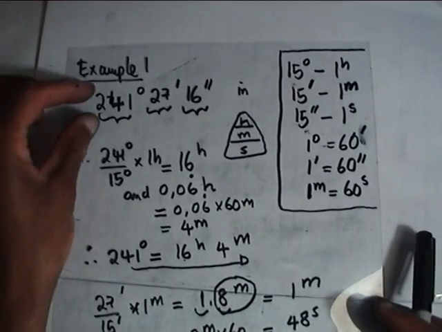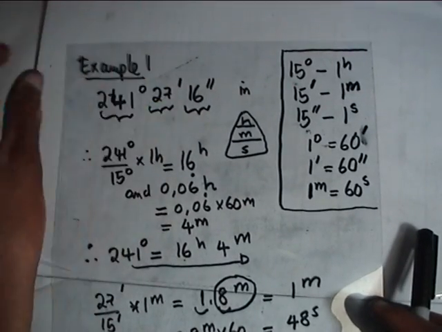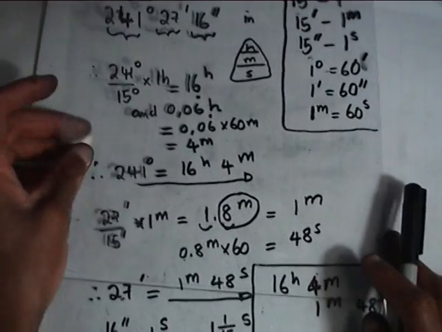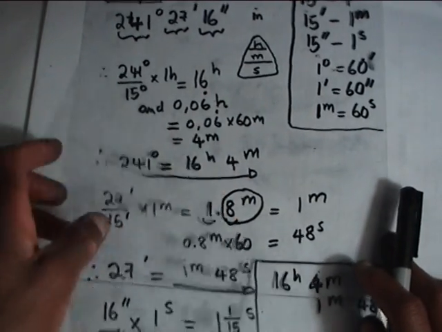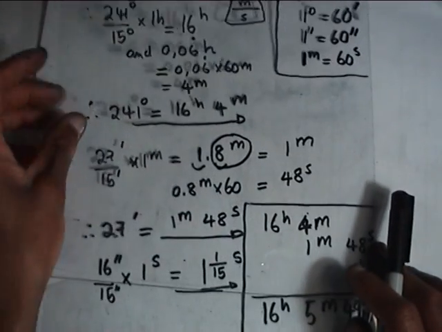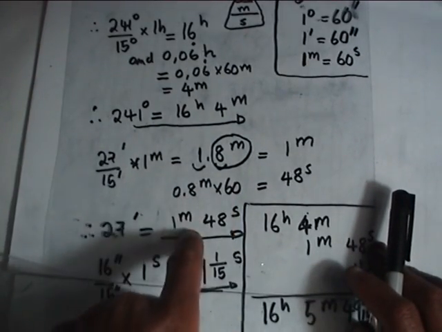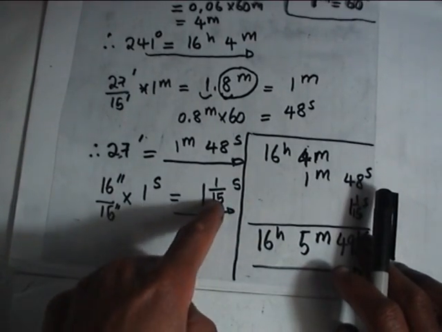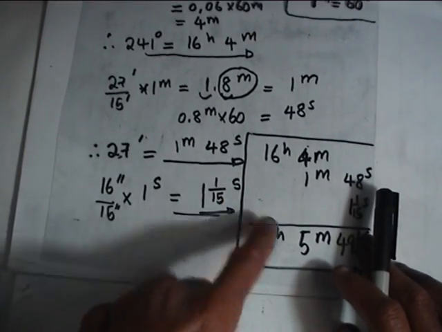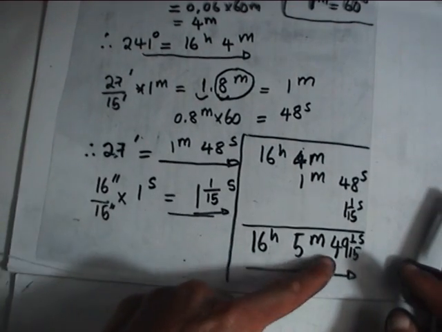Basically I converted each part separately, and then I added them together. The conversion of 241 gave me 16 hours 4 minutes, and then the conversion of the 27 part gave me 1 minute 48 seconds, and then the conversion of the 16 seconds gave me 1 over 15 seconds, and then I just added them up and got these.